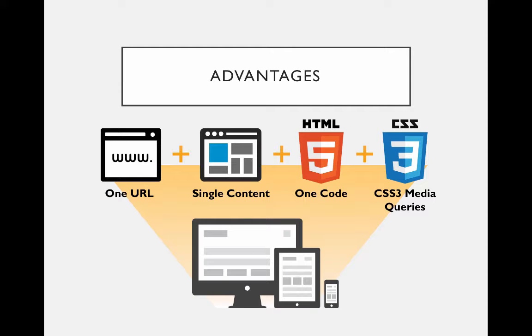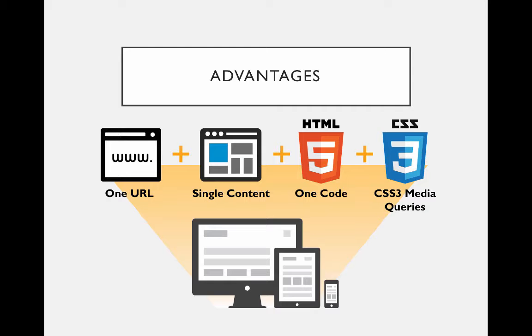The reason we like this is because prior to responsive web design, a lot of companies, especially larger ones, would have multiple websites. They might have an m.whatever.com as their mobile site.